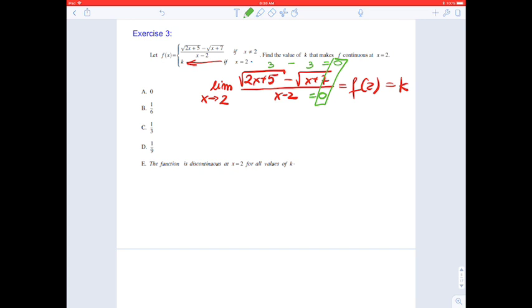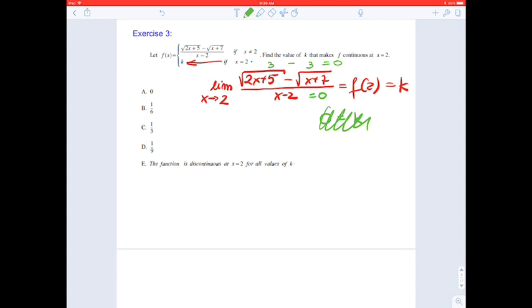Okay, this is not really a good sign. The only good thing about this ratio 0 over 0 is that it tells me I have a common factor in the numerator and denominator. Then I have to find this common factor, cancel it out, and then possibly use direct substitution. Let's try to work it out. Please remember, do not say k is 0.